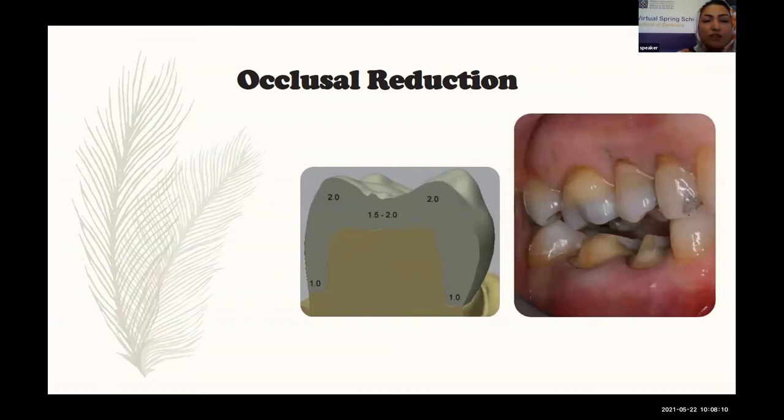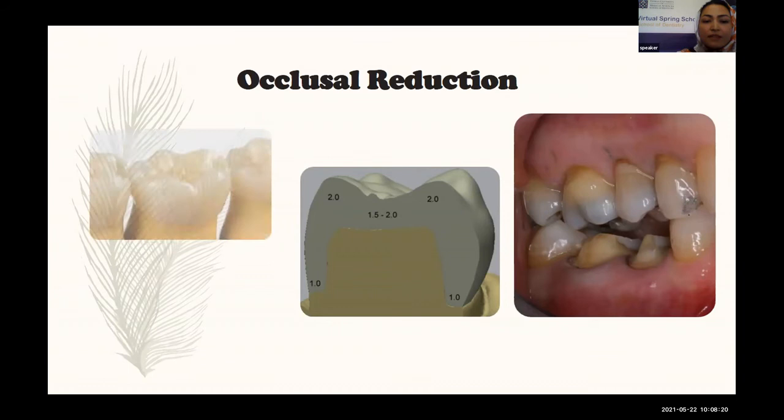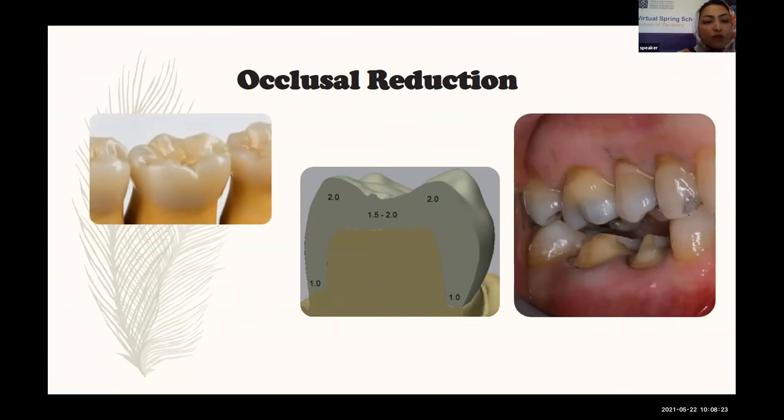The amount of reduction depends on the selected material. For example, in case of monolithic zirconia, less than 1 millimeter is recommended. Of course, the thickness should be enough to form the occlusal morphology. Otherwise, the definitive restoration would be flat without natural grooves.